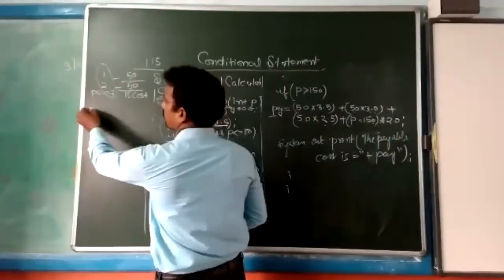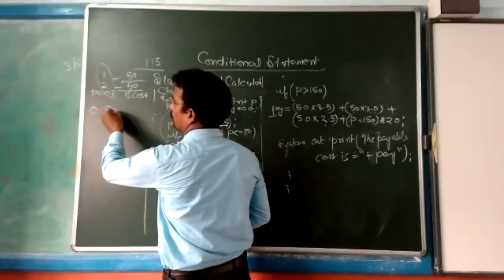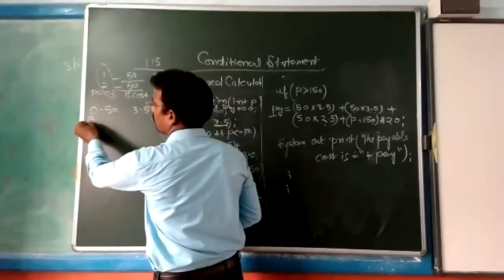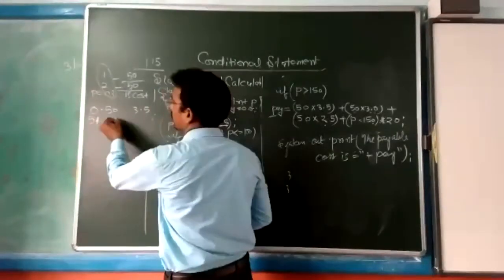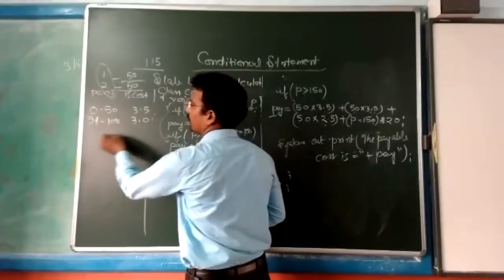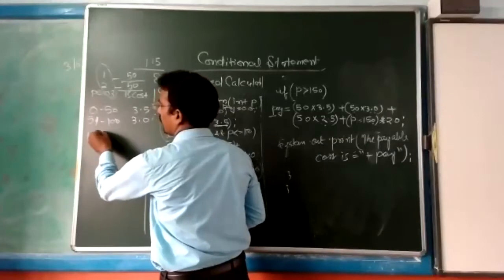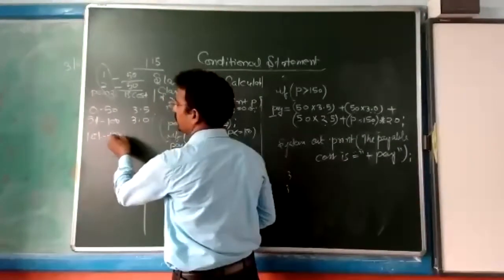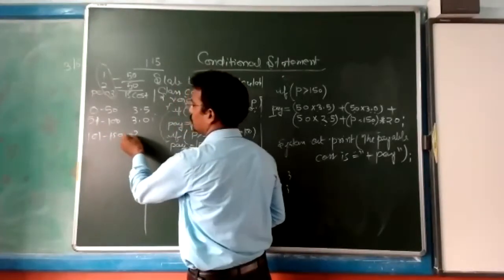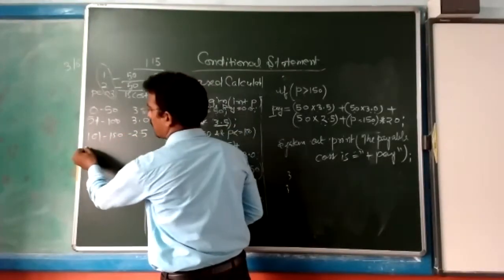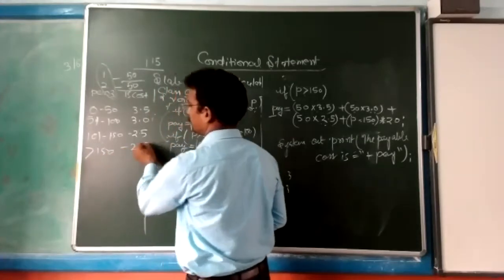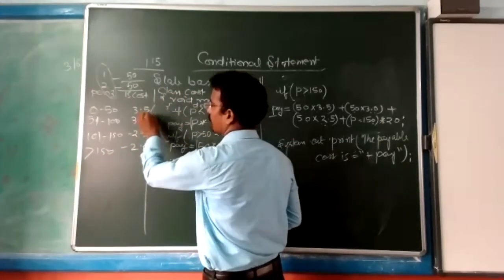See, the pen is the same. 0 to 50, cost will be 3 rupees 50 paise. 51 to 100, 3 rupees. 101 to 150, 2 rupees 50 paise, and more than 150, that is 2 rupees per pen.